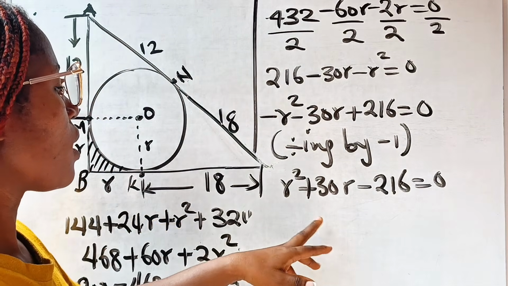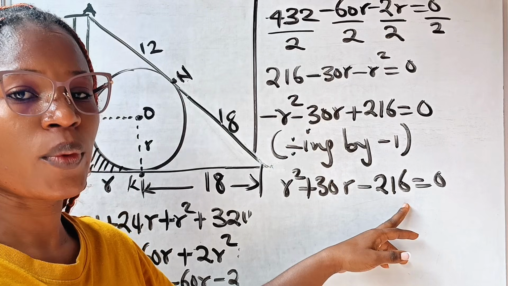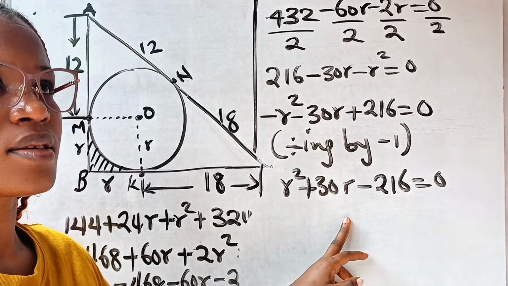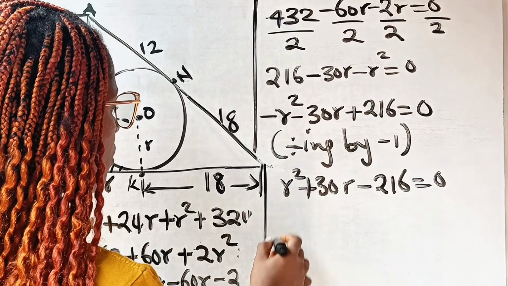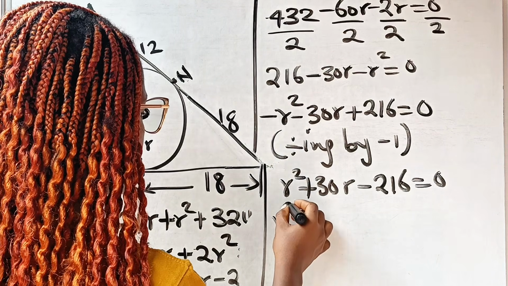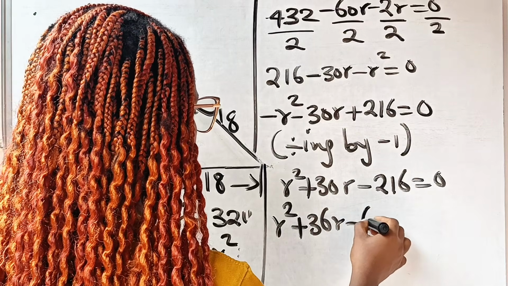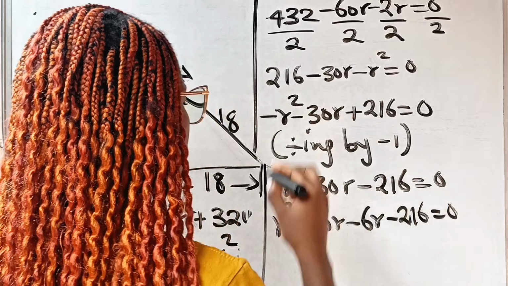Moving forward, we need two factors of 216 that when we add them together we get plus 30, and that should be 36 and -6. So that means we can write this as r squared plus 36r minus 6r minus 216 is equal to 0.